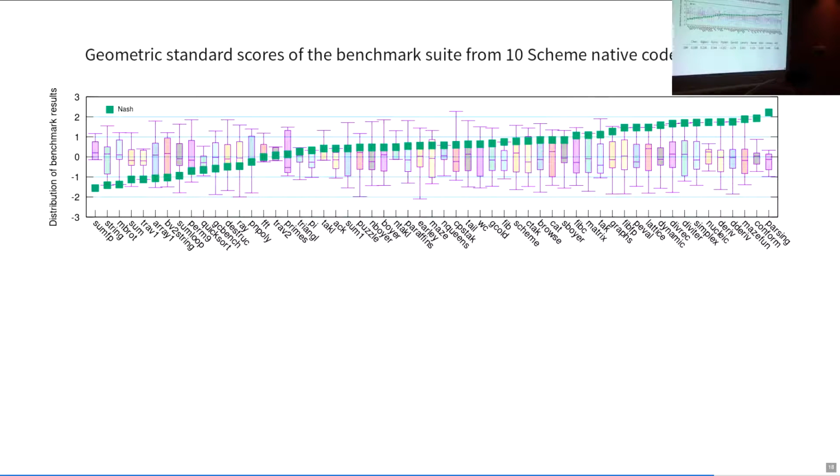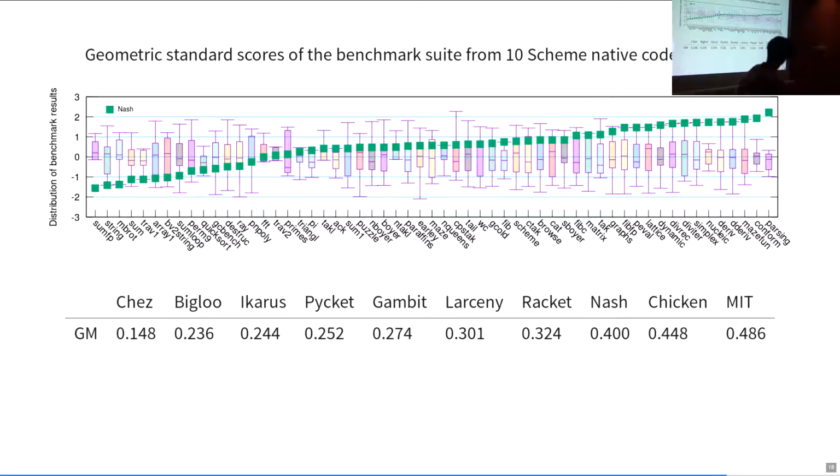The native code compilers are Chez, Bigloo, Ikarus, Pycket, Gambit, Larceny, Racket, Nash, Chicken, and MIT Scheme. And the values shown below the names are the geometric mean, normalized to the Guile bytecode interpreter, not Nash. The green points in the graph are the scores of Nash.